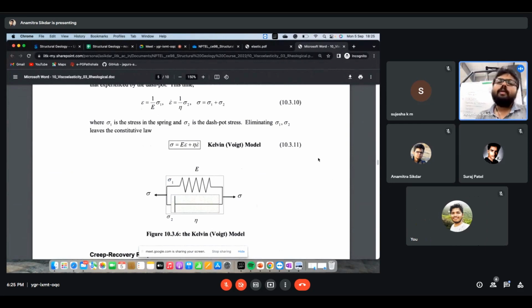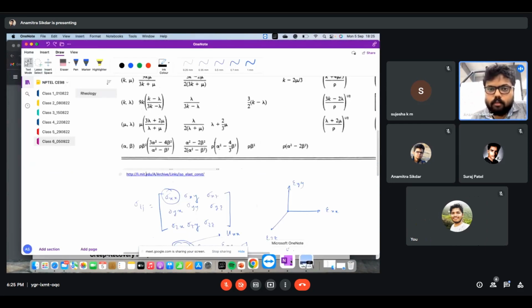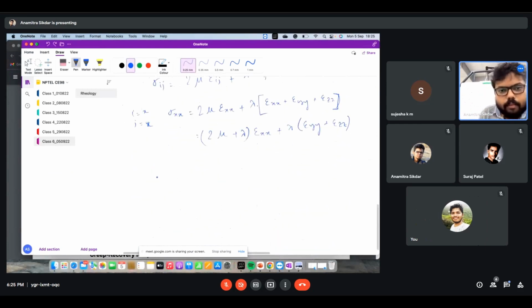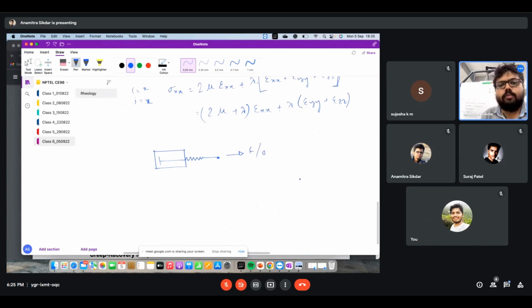Okay, but what is the difference between the two? Let me go to one more. If you have a dashpot and a spring connected in series, and we apply some amount of force, or maybe some amount of stress, whichever suits you, what will happen?